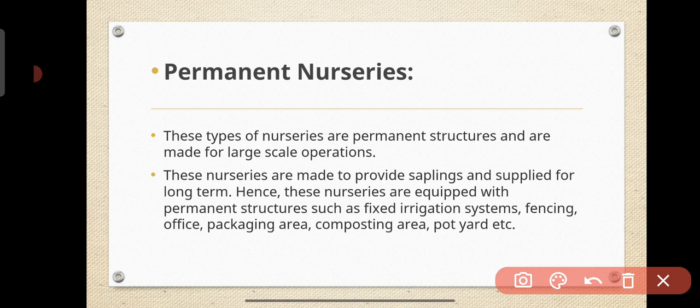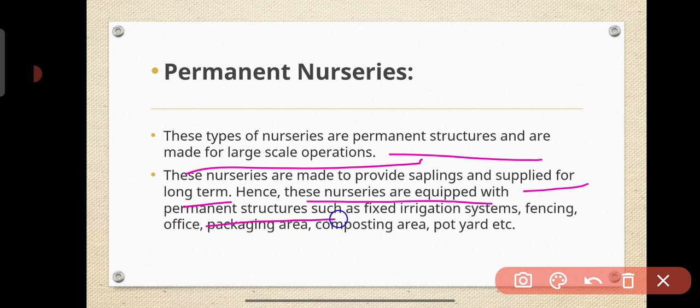These types of nurseries are permanent structures and are made for large scale production. These nurseries are made to provide saplings and supply them for the long term. Hence, these nurseries are equipped with permanent structures such as fixed irrigation systems, fencing, office, packaging area, composting area, courtyard, etc. Now we are making these kinds of nurseries on a permanent basis.